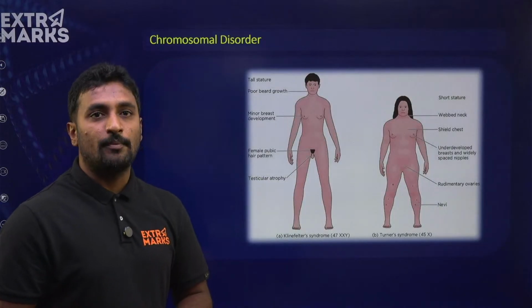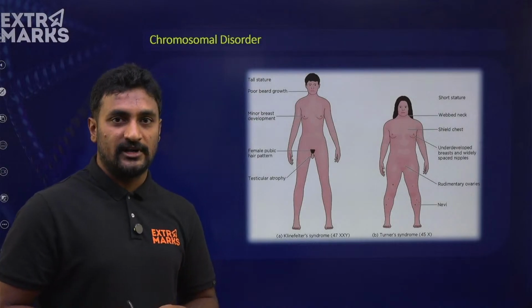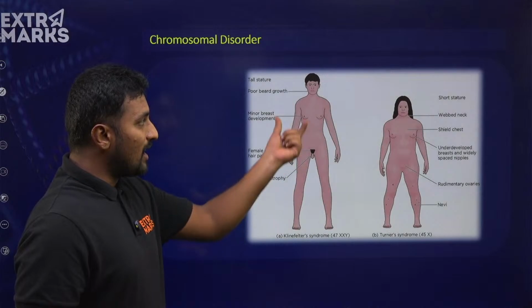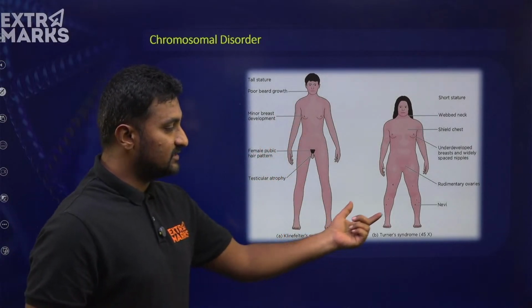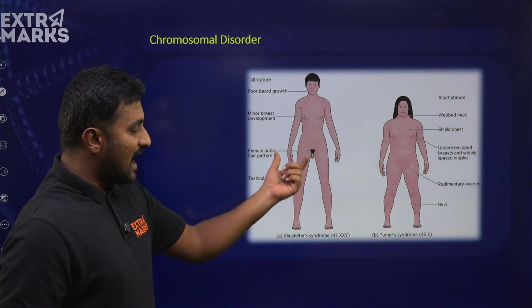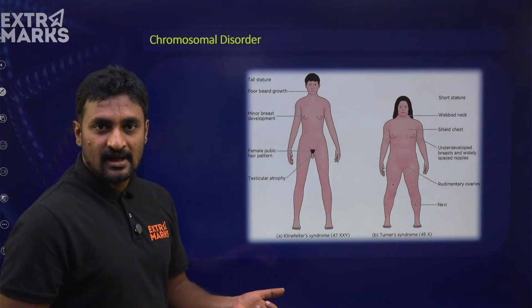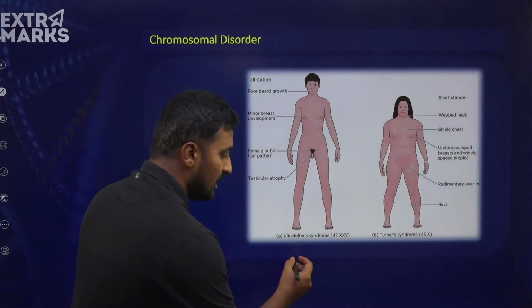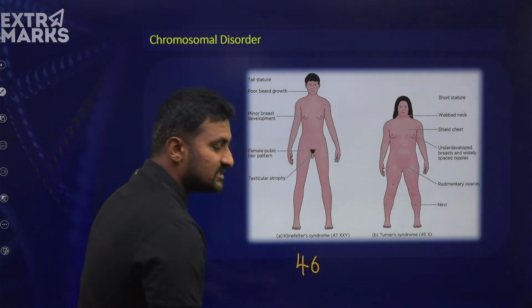Now the next topic I would like to talk about is a chromosomal disorder. Now you can see there are two diagrams given here. One is a man diagram and another is a female diagram. One man is suffering from Klinefelter disease. A normal man has 46 chromosomes, right?